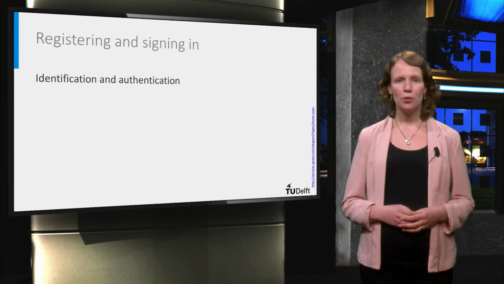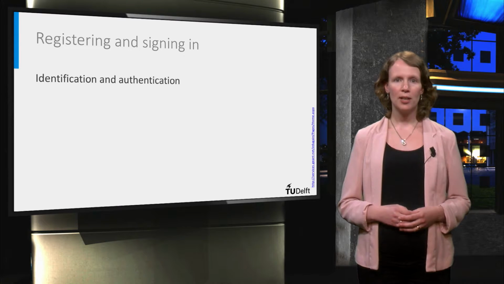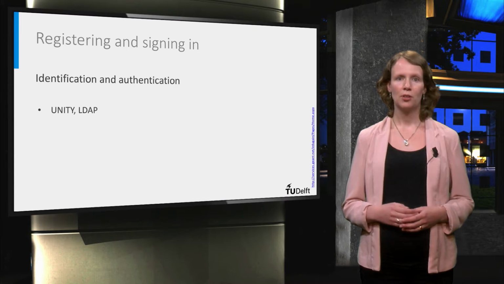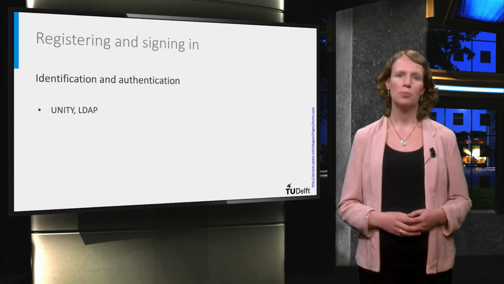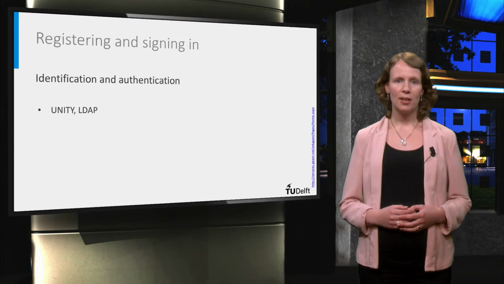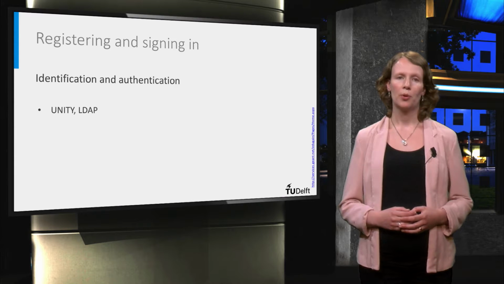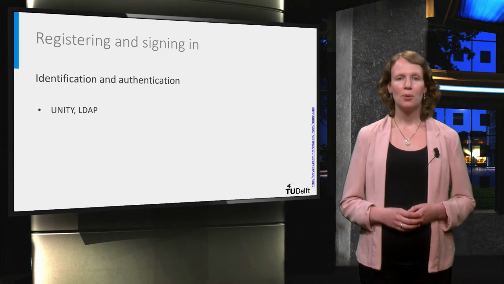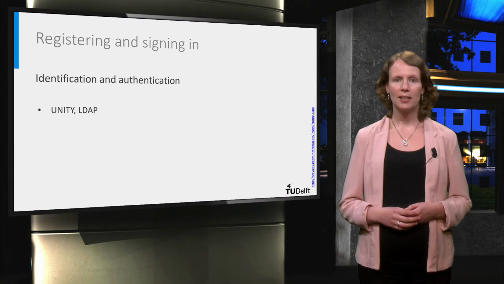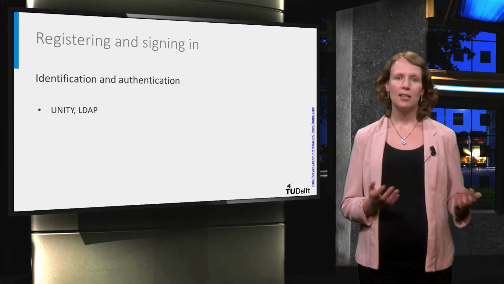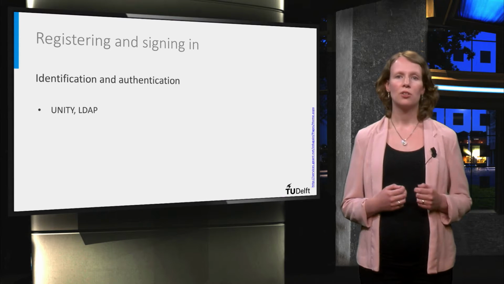An example of a service that can be used for user identification and authentication is Unity. Unity enables login to a web service using various protocols. It supports the Lightweight Directory Access Protocol, or LDAP for short, and authentication can be conducted with various identity providers, including the eduGAIN service that interconnects identity federations around the world.